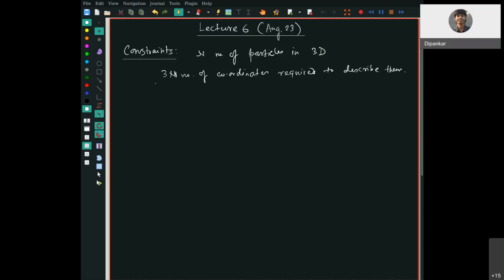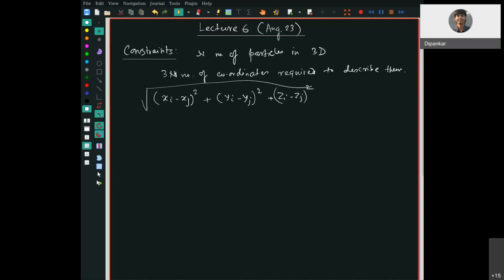That can be expressed as the square root of (xi minus xj) whole square plus (yi minus yj) whole square plus (zi minus zj) whole square, equals a constant, let's say 2 or 3. This kind of thing leads to a constraint.